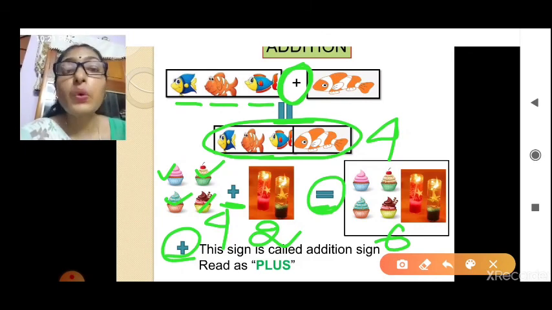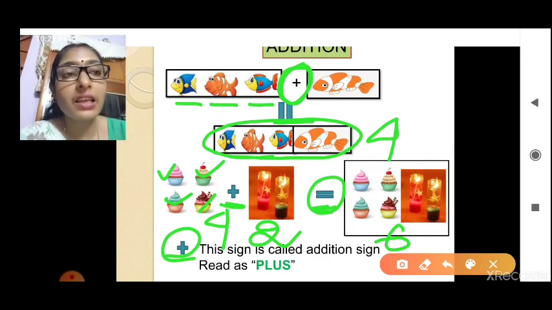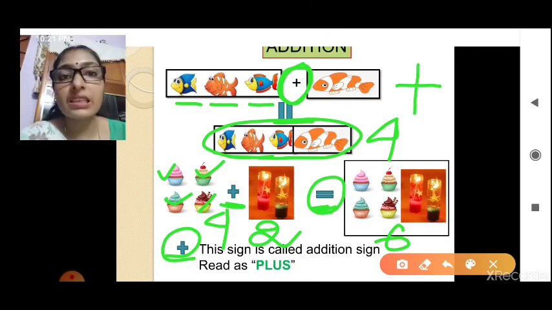Plus sign. So when we add or count some numbers all together, that means we are doing addition, and the addition sign is known as the plus sign. So we will write it like this. How to write? First we draw a slanting line, over that we draw a standing line, and it becomes plus.